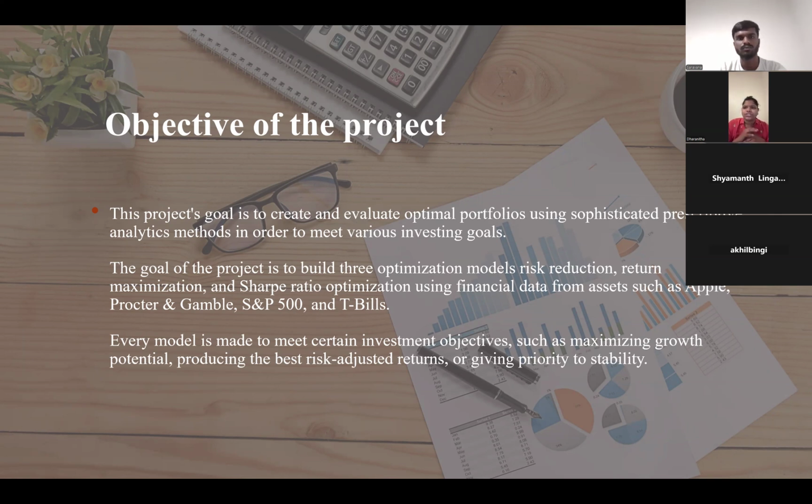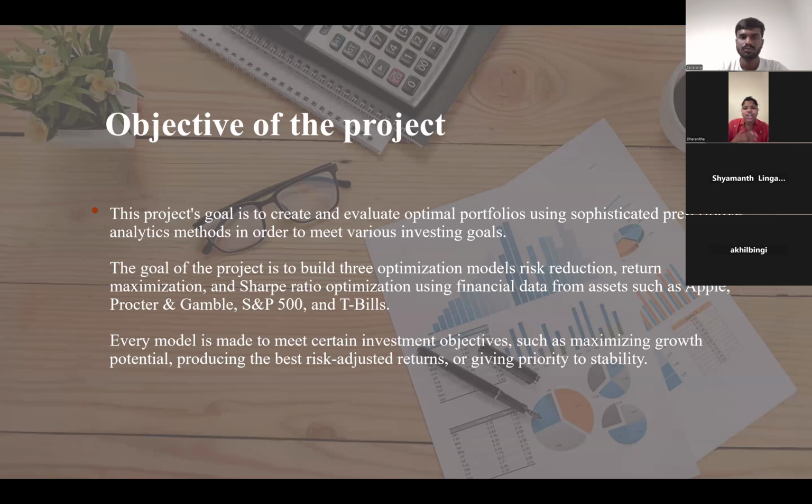Coming to the three optimization models that we have used and focused on in this project: the first is the risk reduction model, which is designed for investors who prioritize minimizing risk and maintaining stability. The next one is the return maximization policy, which is targeted at investors seeking high growth potential.